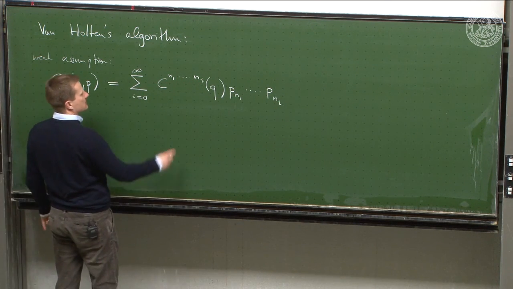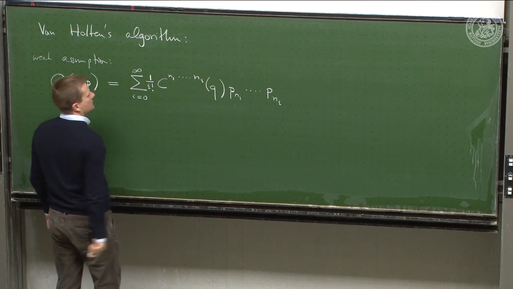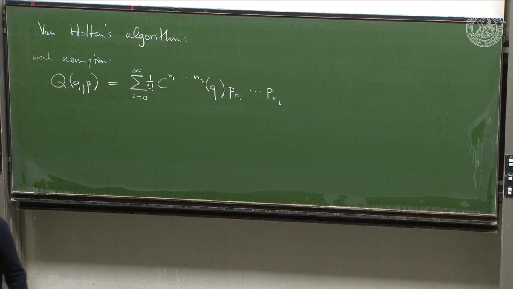Because this is a Taylor series, we write 1 over i factorial, but that's just convention.